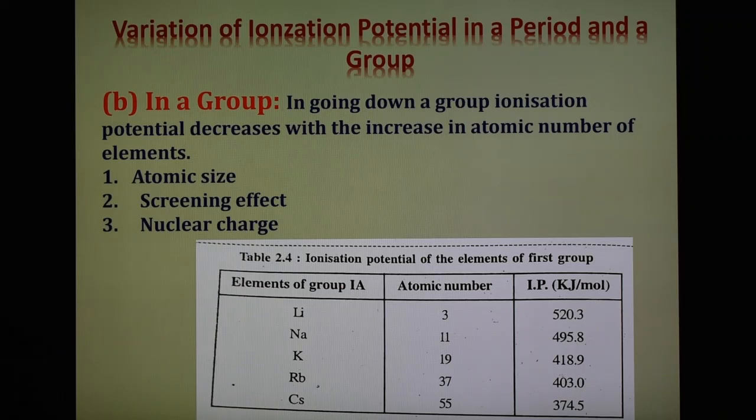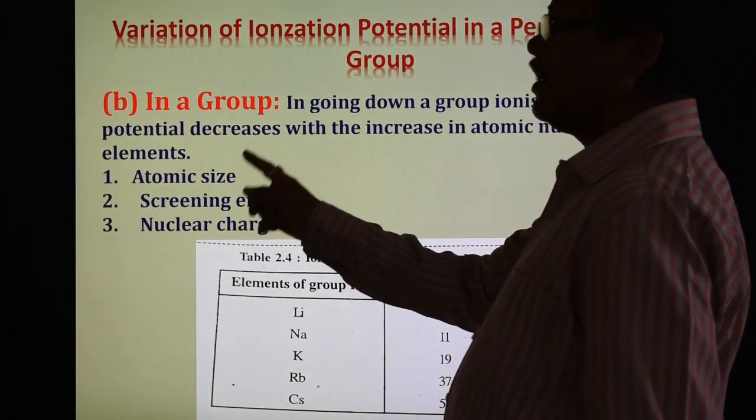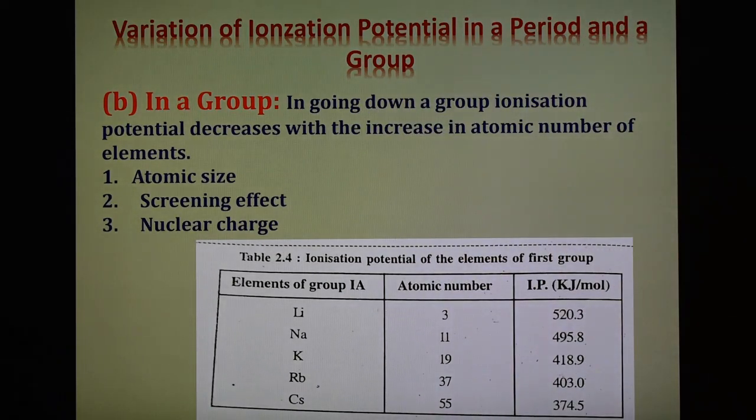This increase in atomic size decreases the attractive force between the nucleus and the outermost shell of electrons, and therefore the ionization potential value decreases. So atomic size shows the decrease of ionization potential value.